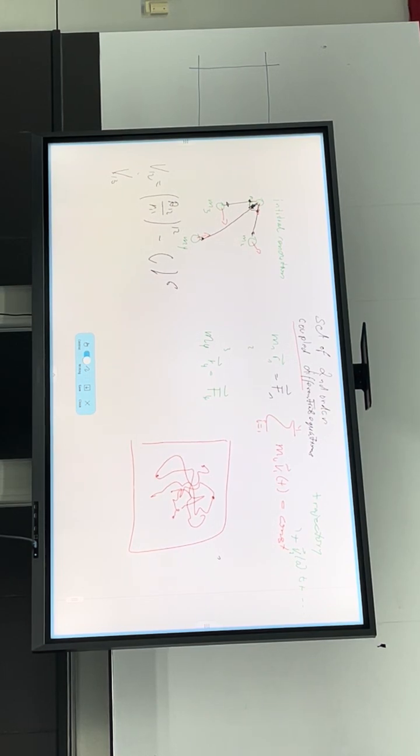What else is constant? Mass. The mass is constant, right? What else is constant? The number of particles is constant. I mean, particles do not appear or disappear. What else is constant? Volume.